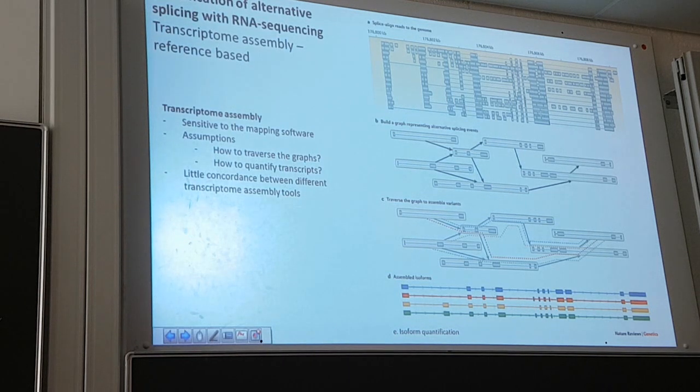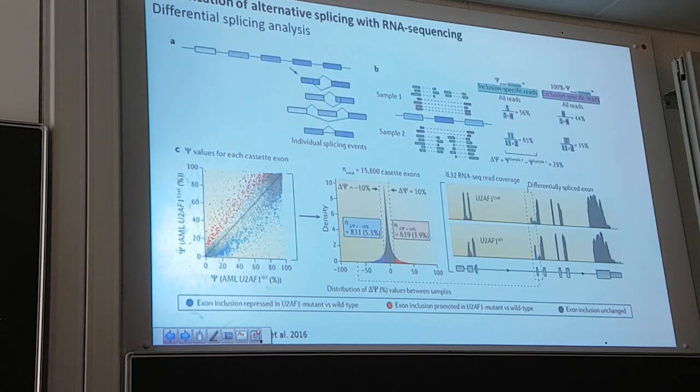So the problem of transcriptome assembly is that it is sensitive to mapping software, there are a lot of assumptions about how to traverse this graph, how to quantify transcripts if reads map to multiple isoforms, and there is little concordance between different transcriptome assembly tools. But the big asset is that you have the whole isoform.